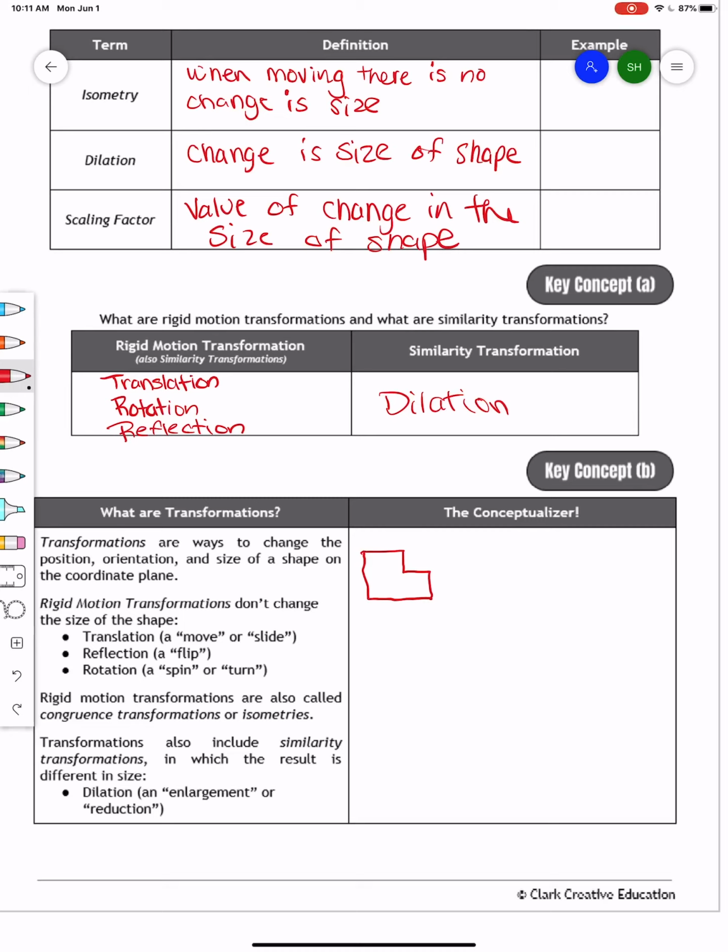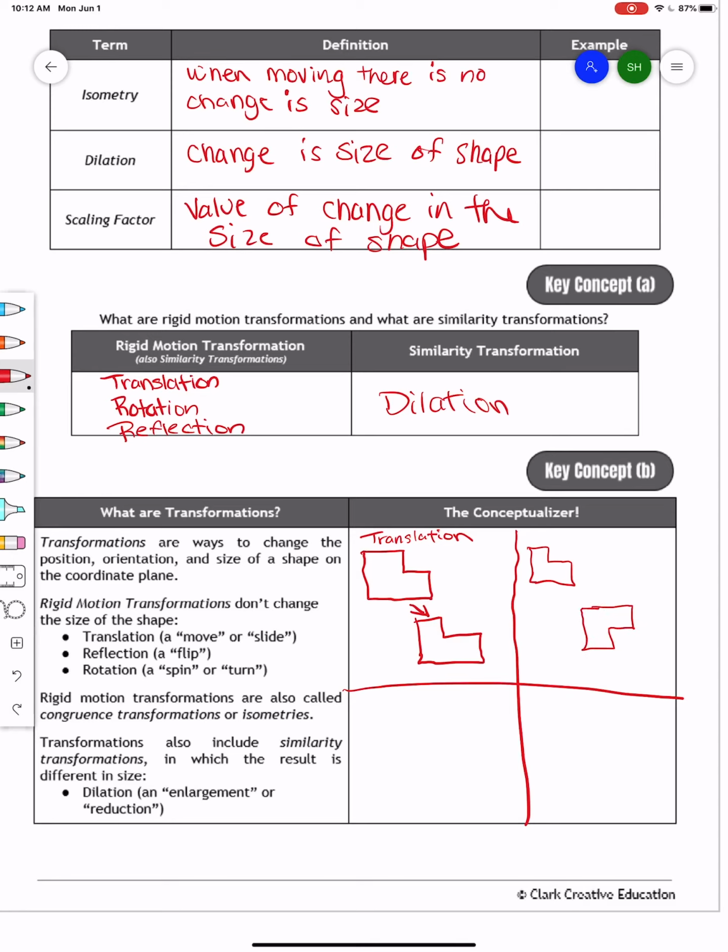So there's my first shape, right? If we're talking about a translation, my shape may just slide. Put this into 4 boxes. My shape is just sliding. With a rotation, my shape is facing a different direction.